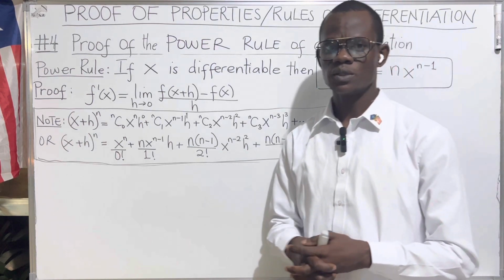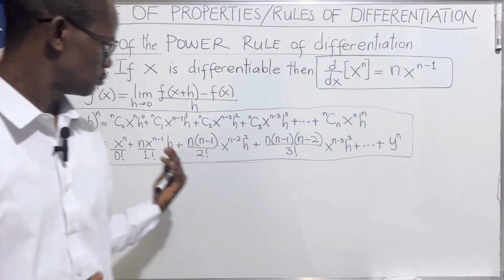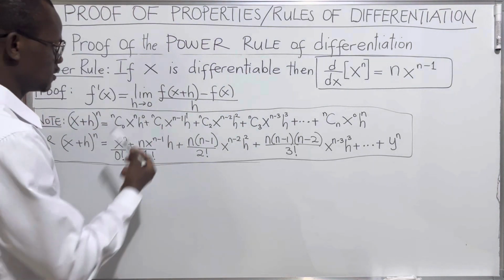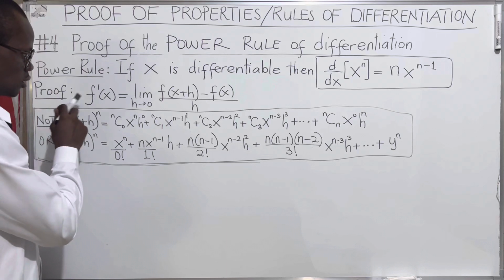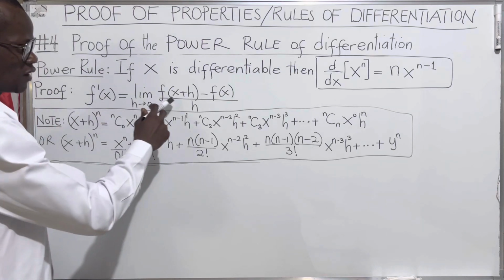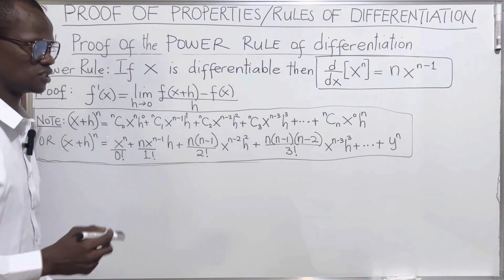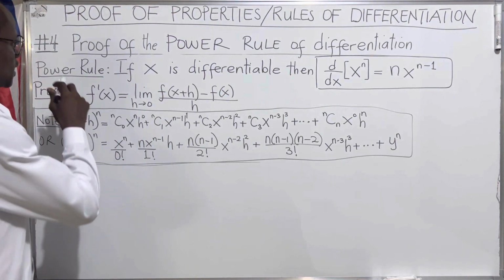To do that, we're going to use the first principle of derivative, or the definition of derivative, that has to do with f prime of x is equal to the limit of f of x plus h minus f of x divided by h as h approaches 0. So we said this is the power rule.